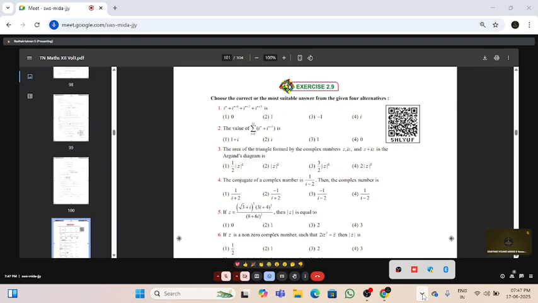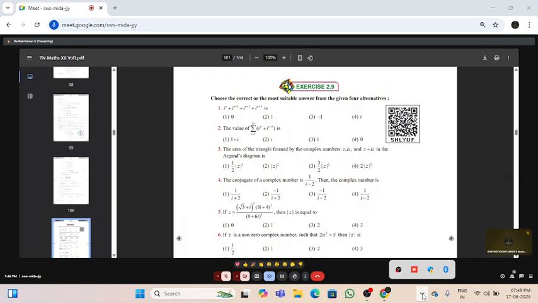Let's look at problem number 1. It says i^n + i^(n+1) + i^(n+2) + i^(n+3). What is that? 0. Because these are four consecutive exponents, and if they are consecutive numbers, they will add up to 0.